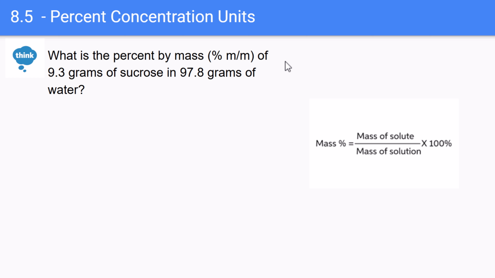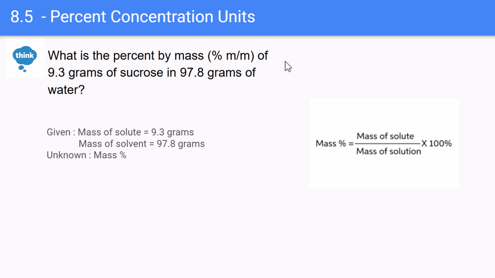As we evaluate this, we're going to do it the same way we've been doing every problem in this class. We need to identify what is given in the problem and then use that information to come up with a roadmap to solve it. Here, we're given the mass of the solute and the mass of the solvent, and what's unknown is the percent by mass. What I need is the mass of the solution, but remember that solute plus solvent will give you the mass of the solution.